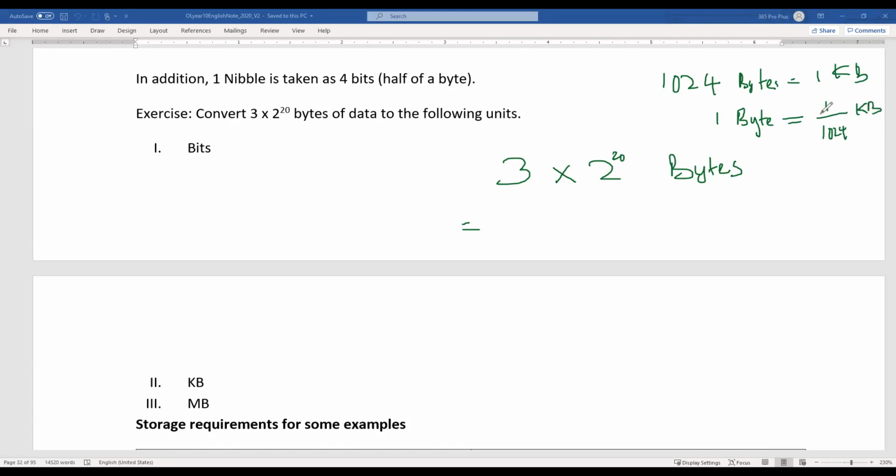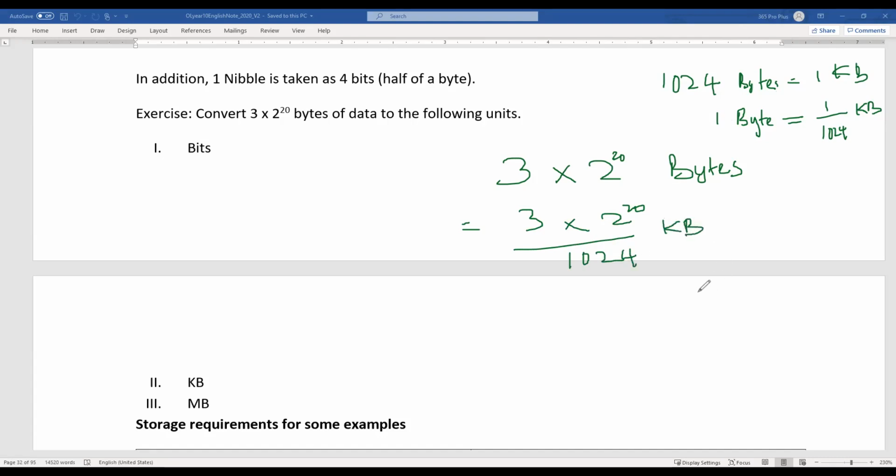What do you mean by that? That means if you want to convert byte to kilobyte, you can divide by 1024. So 3 into 2 to the power 20, divide this by 1024 to get kilobytes.